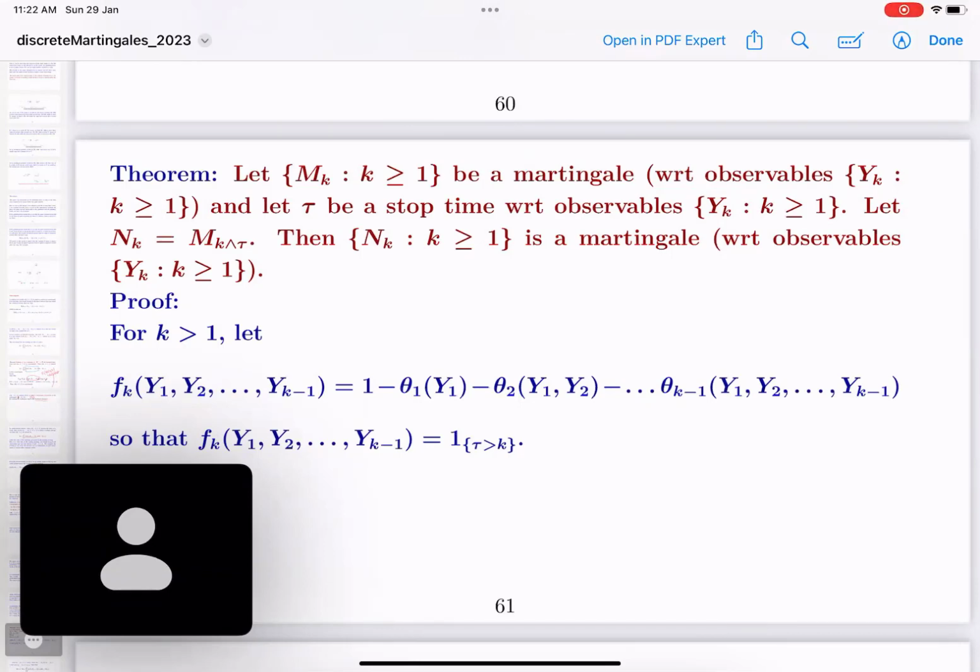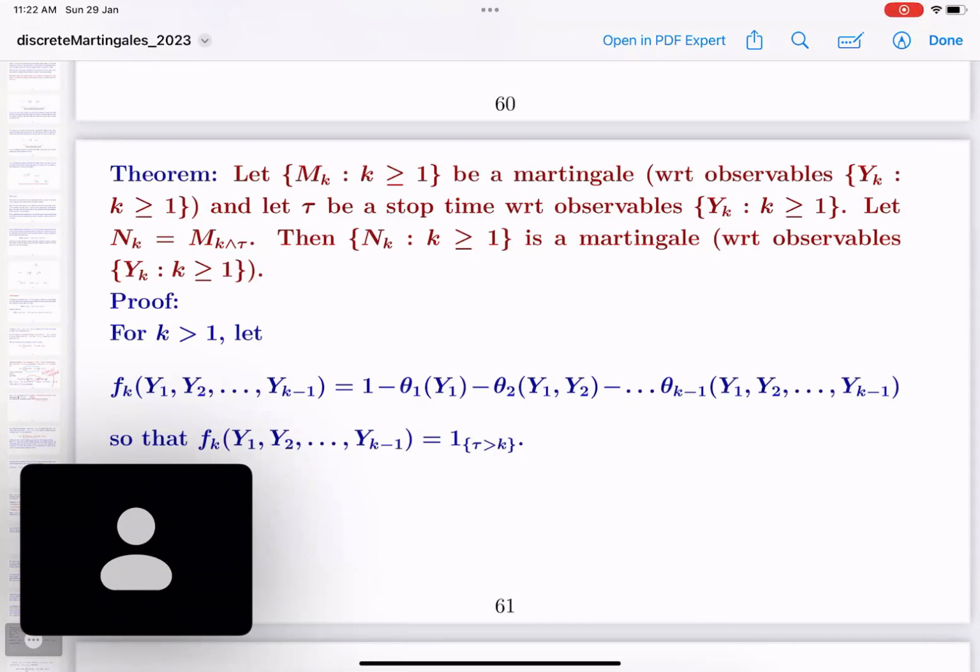So nk is equal to m of k minimum tau. If tau equals 5, then the sequence n1, n2, ... will become m1, m2, m3, m4, m5, and then m5, m5, m5, and so on. That is our new sequence, which we are now calling nk. So this is a stopped sequence.